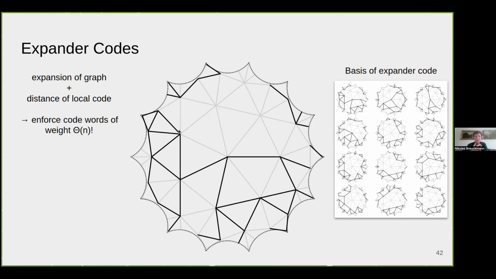But what I want to give you with this exercise is the intuition that the expansion of the graph, the negative curvature, the fact that we explore more and more space by going radially outwards, plus the distance of the local code, enforce that the code words will always have weight linear in n. Proving this is actually not very hard, but I won't go into the details of this proof. I hope it's okay to just give you this intuition and carry on.